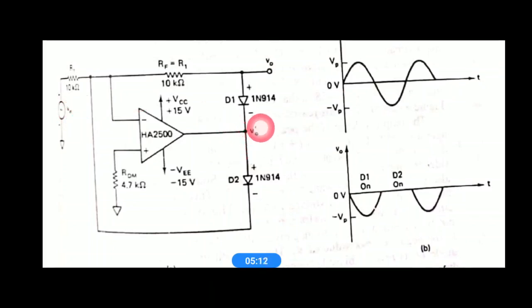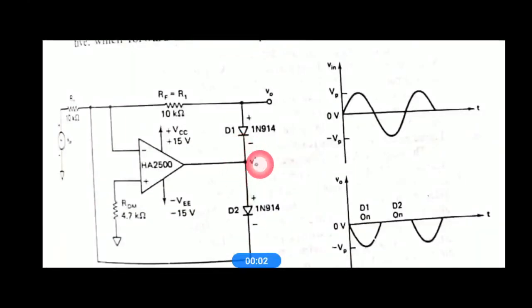This positive saturation turns D1 off, making D1 reverse biased and D2 forward biased. When D1 is reverse biased, it is open circuited, hence the output voltage you are getting is 0 here. But the output of the op amp does not remain at positive saturation, because diode D2 is forward biased.